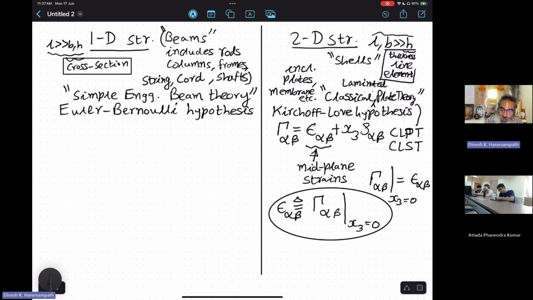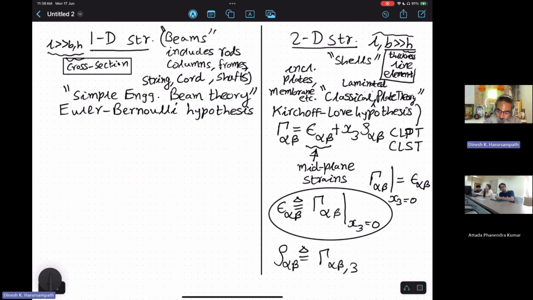And similarly, if you look at the first derivative of that equation with respect to x3, then you can see that I can define my rho alpha beta as gamma alpha beta comma 3, by which I mean dou by dou x3, right? So it's a shorthand notation for derivatives. Partial derivative with respect to x3 is referred to as comma 3.